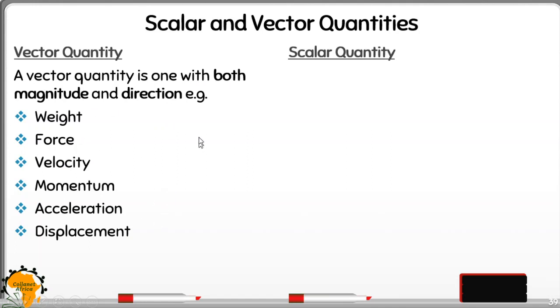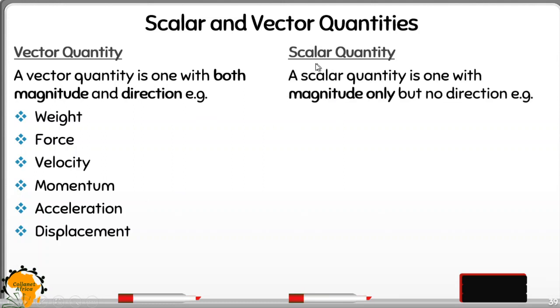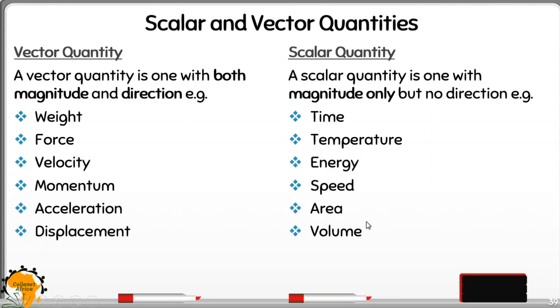All these have both magnitude and direction. Then we come to scalar quantity. These are quantities that are fully described by magnitude alone. In other words, they are quantities that have only magnitude but no direction. Examples are time, temperature, energy, speed, area, and many others.